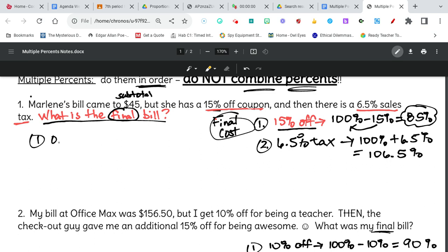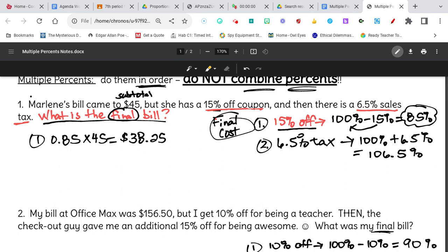Okay, she's going to pay 85%, which is 0.85 of that $45 bill. So 0.85 times 45. And let's just see what that's going to reduce her bill to. 0.85 times 45. So her new bill will now no longer be $45, but $38.25. Okay?